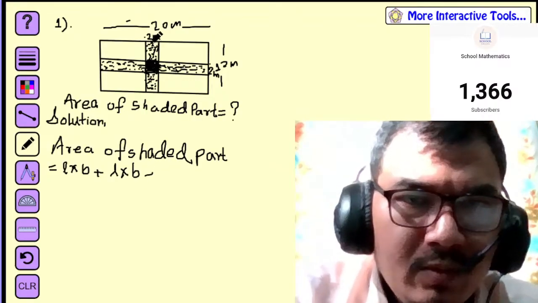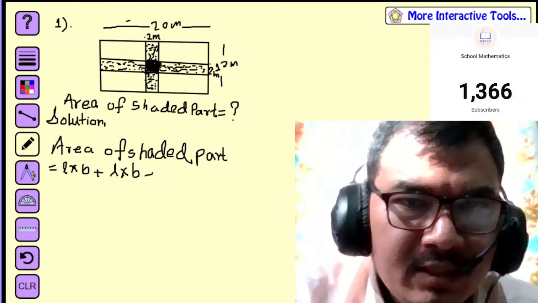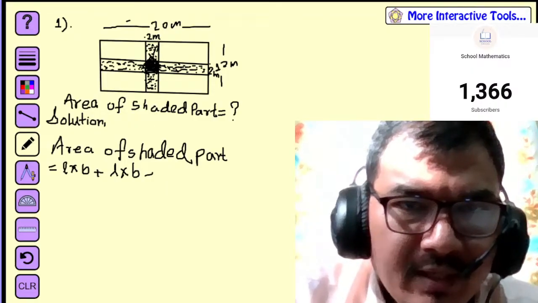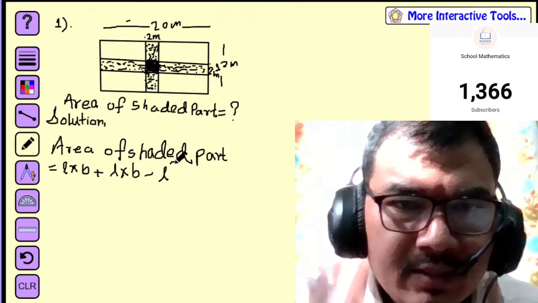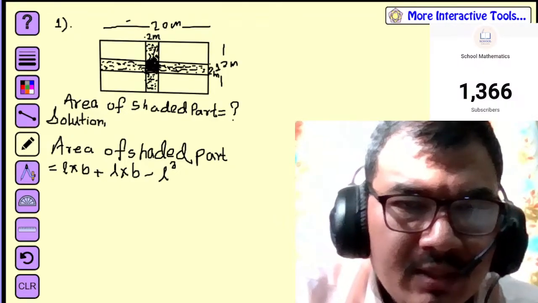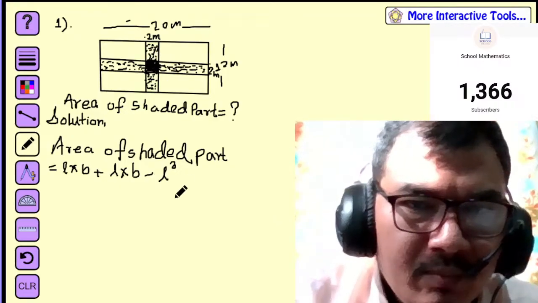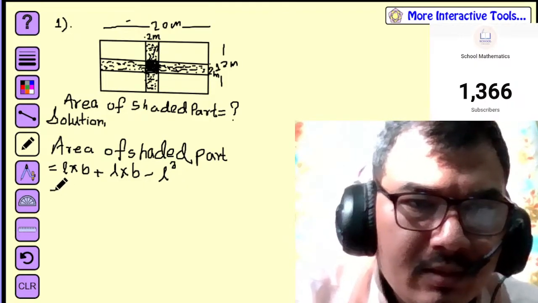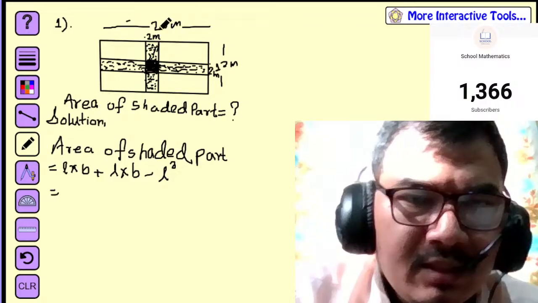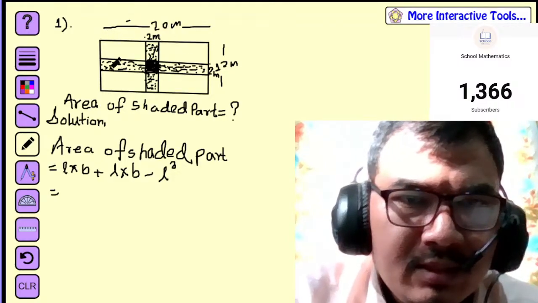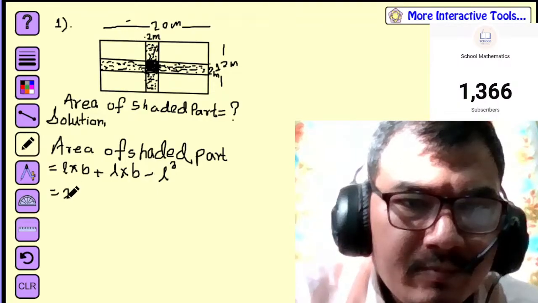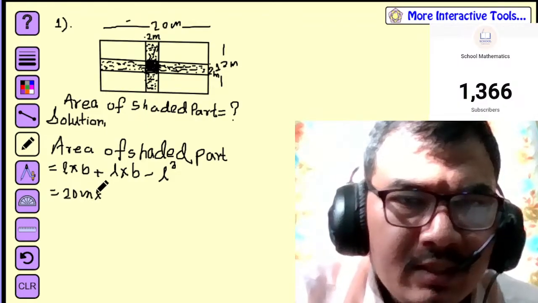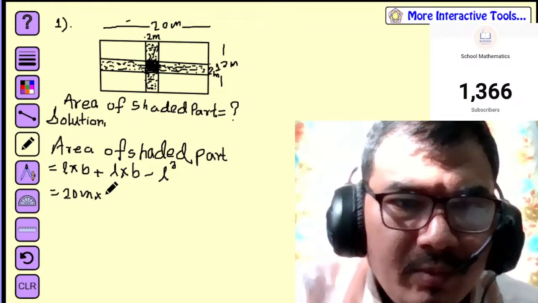And minus, look here, when you draw these two paths, this dark shaded part is a square, and that one is repeated. That's why while finding the area, this repeated part should be subtracted, L square, because this dark part is counted 2 times, so 1 time we have to subtract. Then first, the length from here to here is 20 meter, and its breadth is 2 meter.